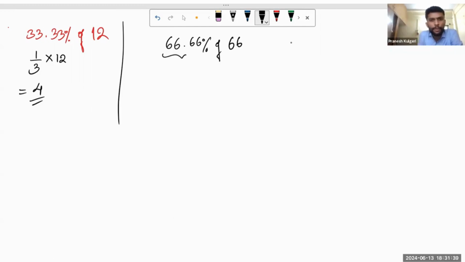So what is 66.66? If you observe, 66.66 is not there in the table, but 33.33 is. I can write it as 2 into 33.33, because 66.66 is difficult to calculate manually without a calculator. Into 66, you do it.